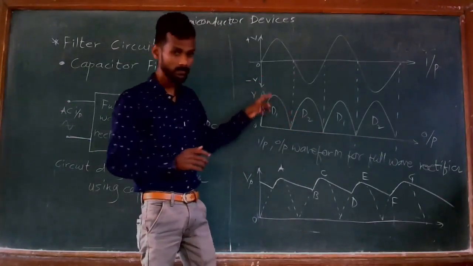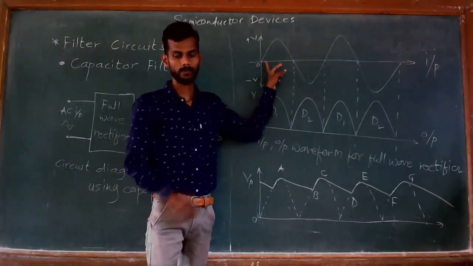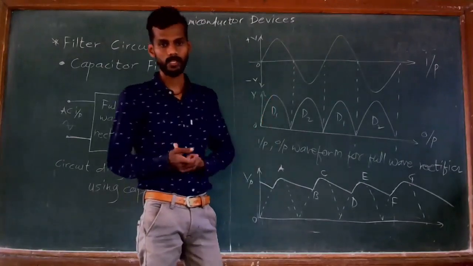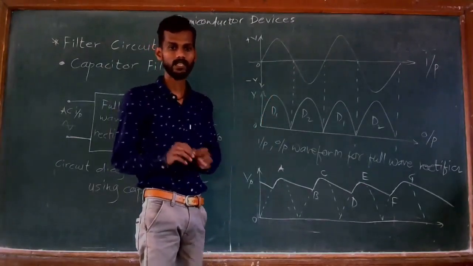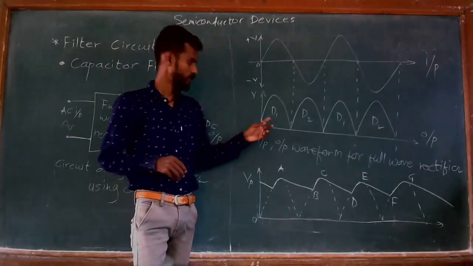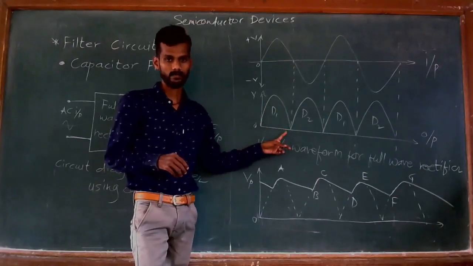What happens when a positive half cycle is going on? Diode D1 becomes forward biased and it conducts the current through the load resistor. Therefore, we get an output like this.